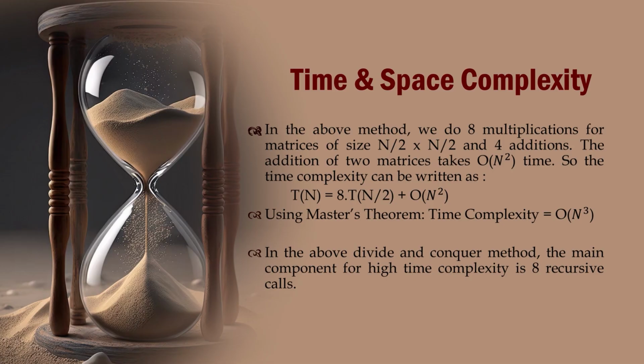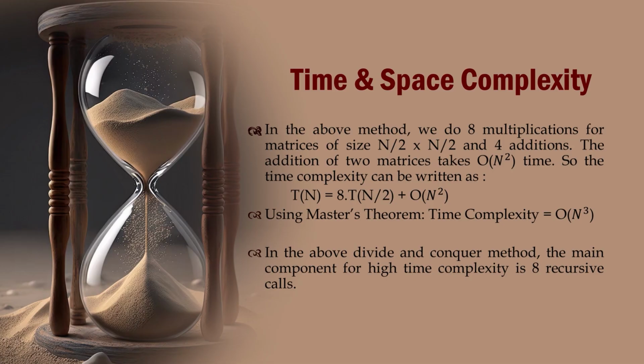So, T(n) = 8 T(n/2) plus order of n square: 8 is the number of multiplications, Tn is for the matrix of size n cross n, T(n/2) is for the matrix of size n by 2, and order of n square is the addition operation.